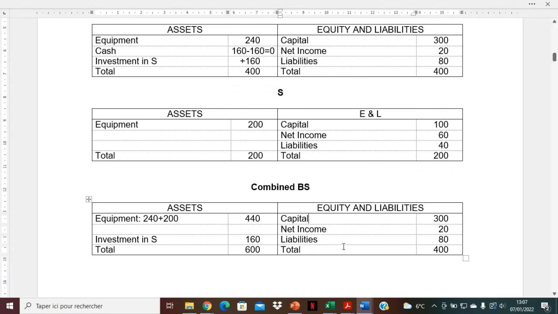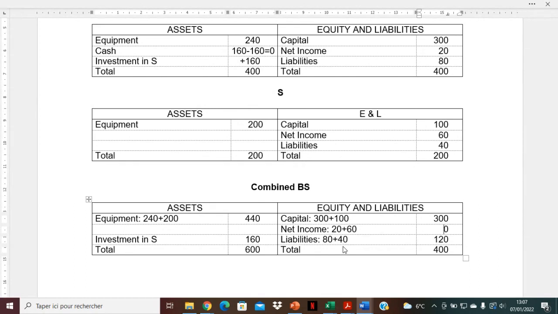In liabilities, I have the capital of the parent company plus capital of the subsidiary. Net income, I have net income of the parent company plus net income of the subsidiary. So it's just line by line addition. And I have liabilities of the parent company plus liabilities of the subsidiary.